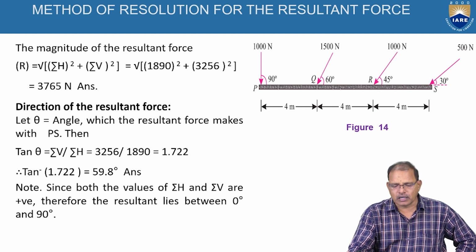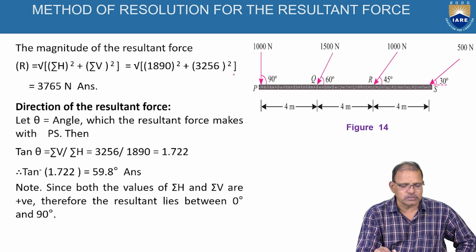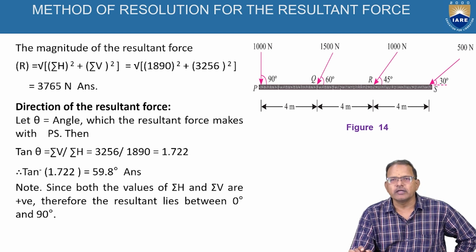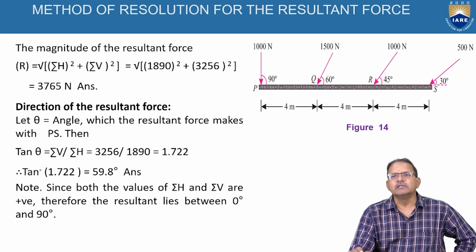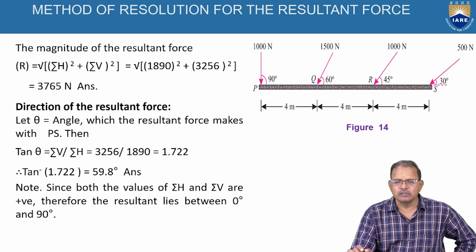The resultant of all these four forces is obtained by the square root of sigma H whole square plus sigma V whole square, which is equal to the square root of 1890 whole square plus 3256 whole square, which is equal to 3765 newtons, acting in the downward direction. Similarly, let theta represent the direction of the resultant force with the horizontal.